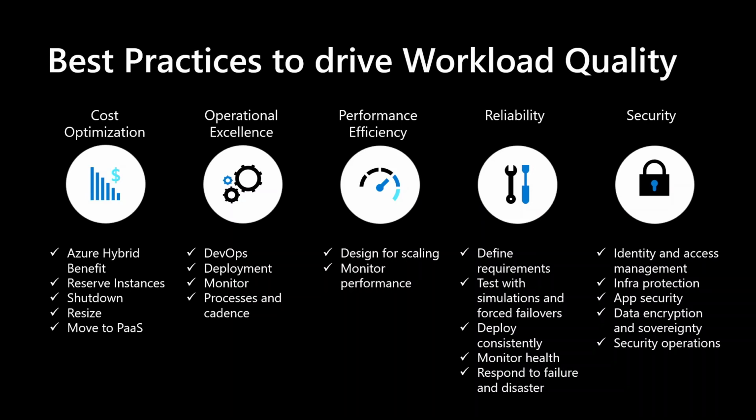The fourth one is about reliability. As part of reliability, we talk about both resiliency and availability of an application. Resiliency is the ability of the system to recover from failures and to continue to function.